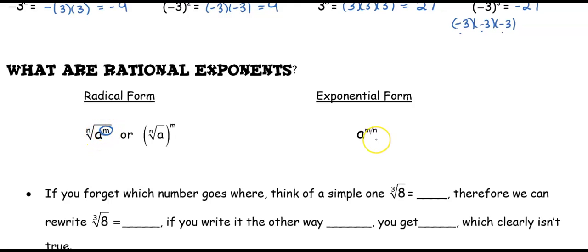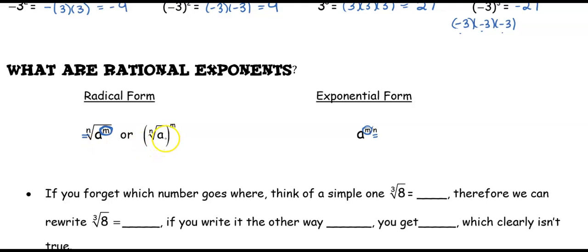If I look at this exact same thing with a fractional exponent instead, m is the numerator of that fractional exponent. The root of the radical is the denominator of the fractional exponent.